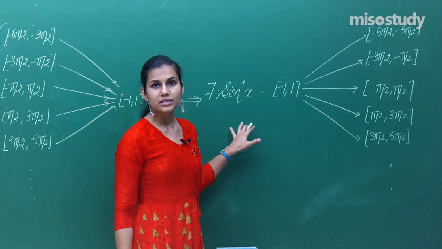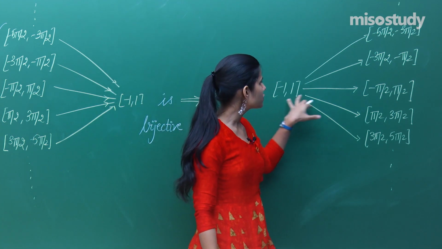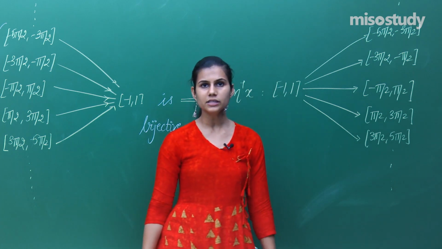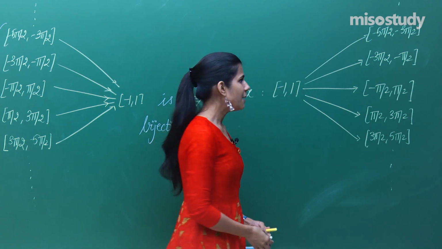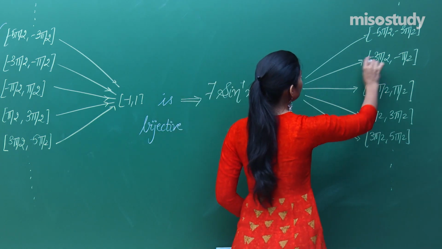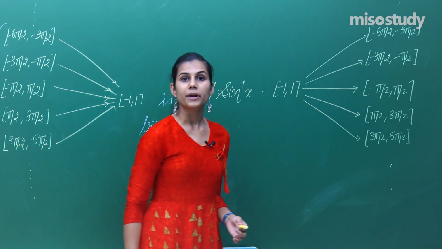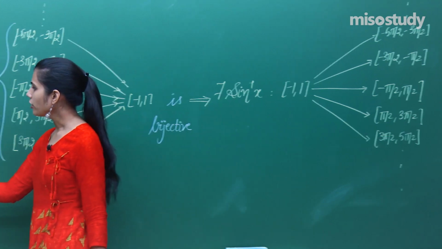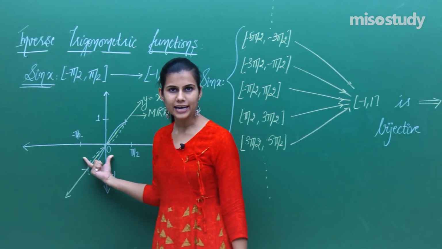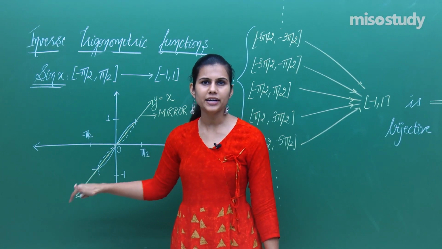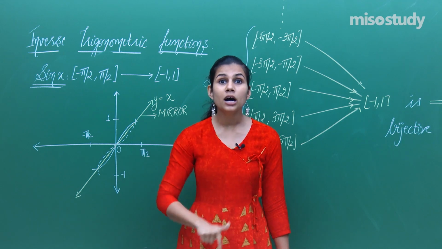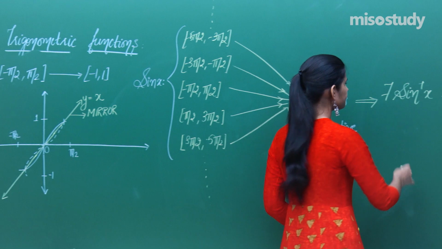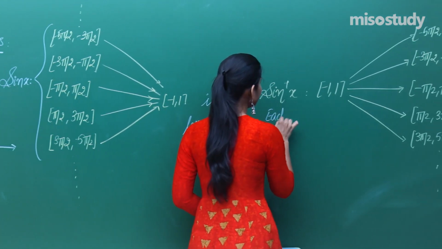I can talk about sine inverse existence not just from [-1, 1] to [-π/2, π/2], but from [-1, 1] to so many subintervals. Each one of them is called a branch of sine inverse x. What I have drawn corresponding to this part of sine function, the sine inverse graph that I had drawn, was a branch of sine inverse.